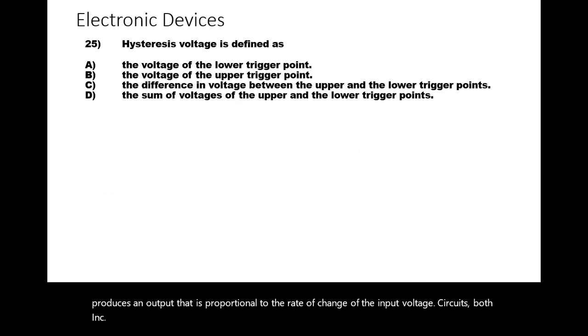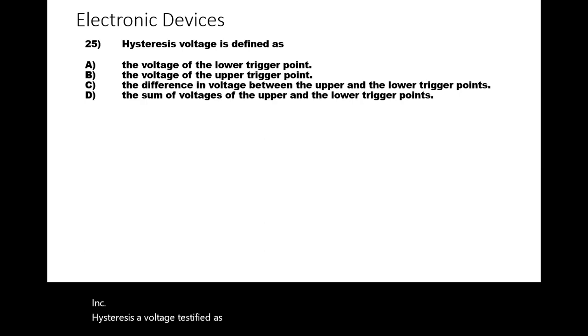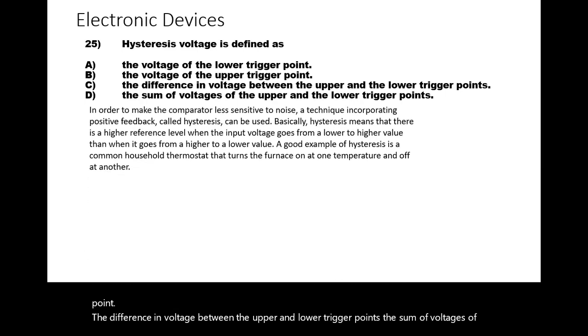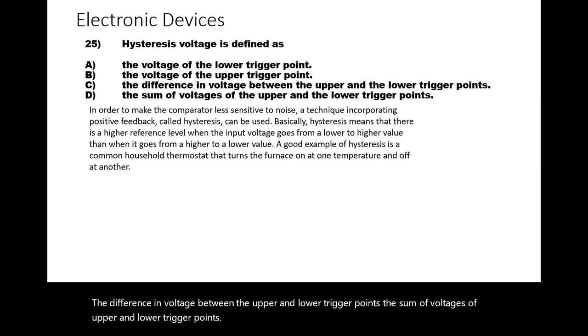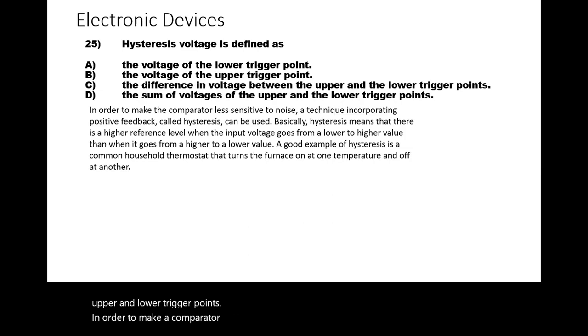Hysteresis voltage is defined as a voltage of a lower trigger point, a voltage of an upper trigger point, the difference in voltage between the upper and lower trigger points, the sum of voltages of the upper and lower trigger points. In order to make a comparator less sensitive to noise, a technique incorporating positive feedback called hysteresis can be used.